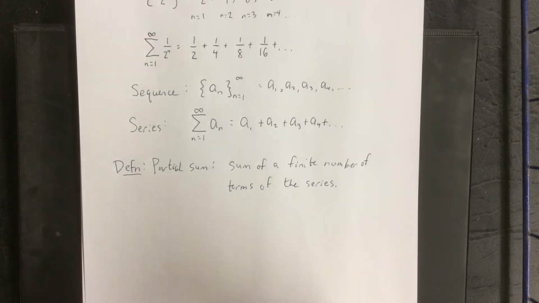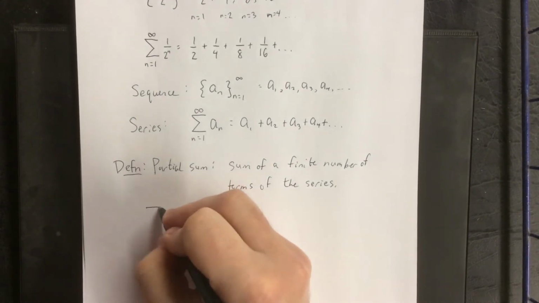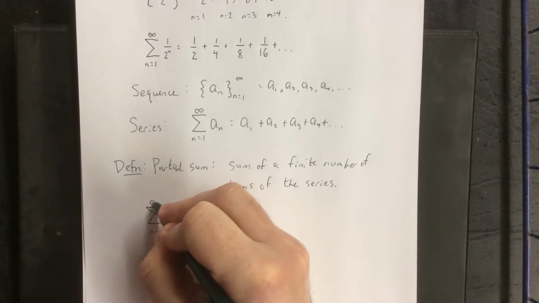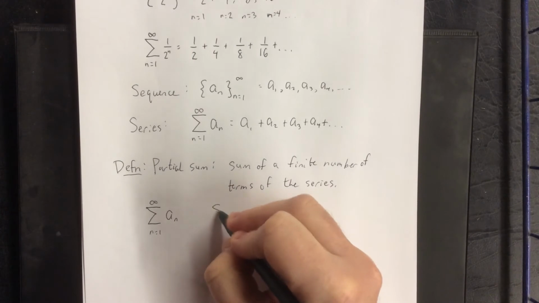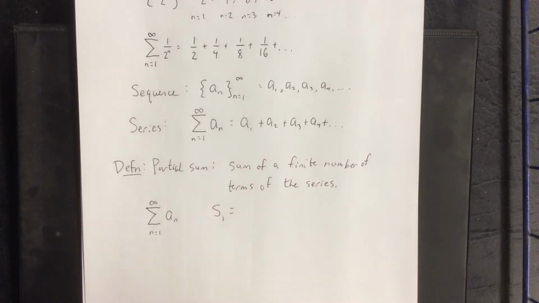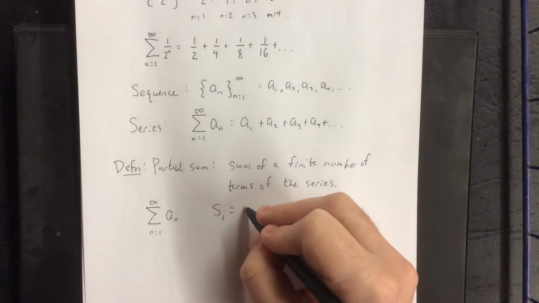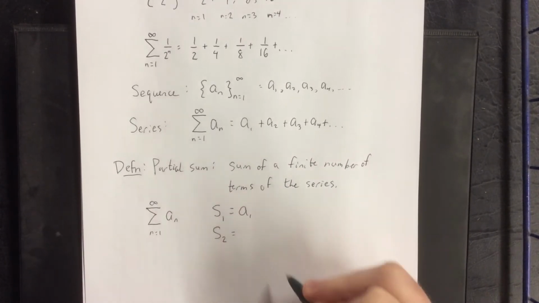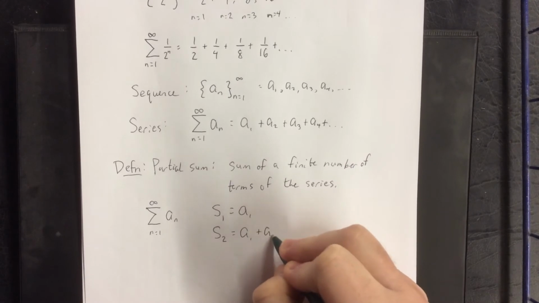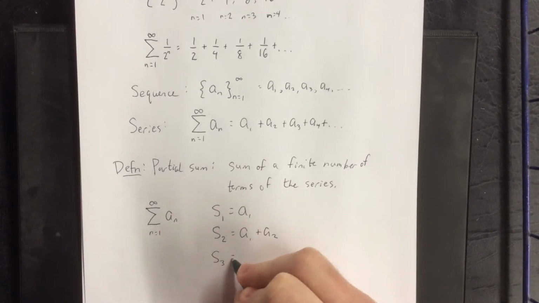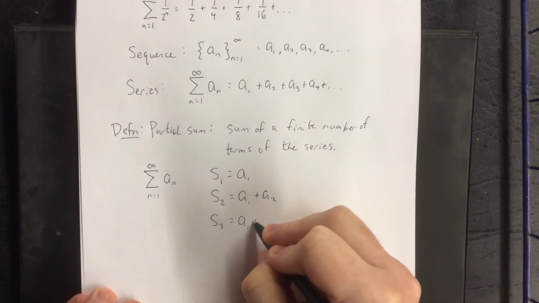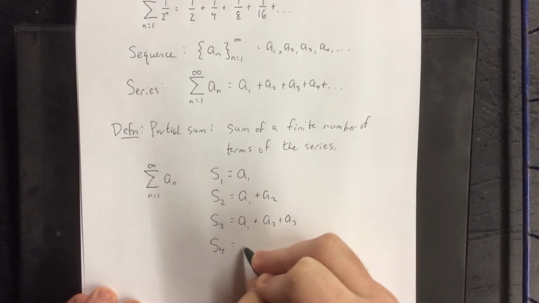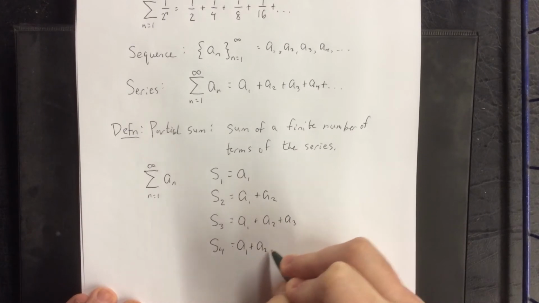What we tend to use for partial sums, if we were given this series, the corresponding partial sums would be capital S. S1, for example, is asking you to add only the first term. The second partial sum is asking for the sum of the first 2 terms. The third partial sum is asking for the sum of the first 3 terms. The fourth partial sum is asking for the sum of the first 4 terms.